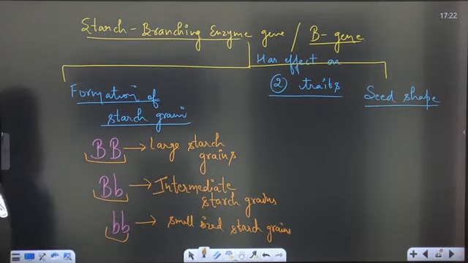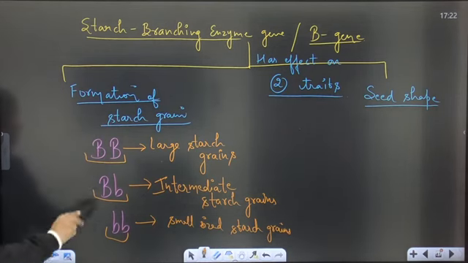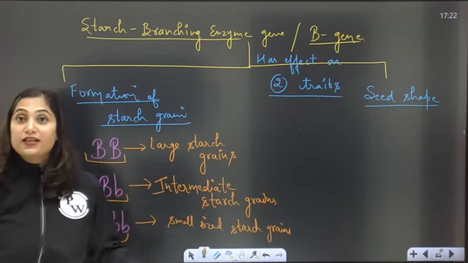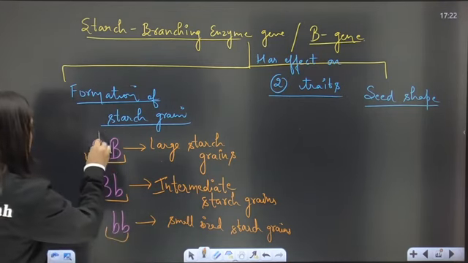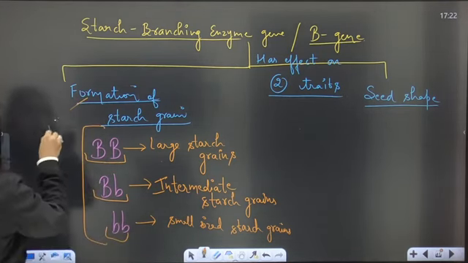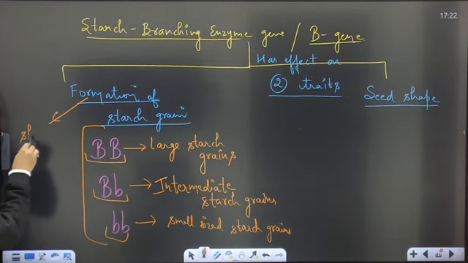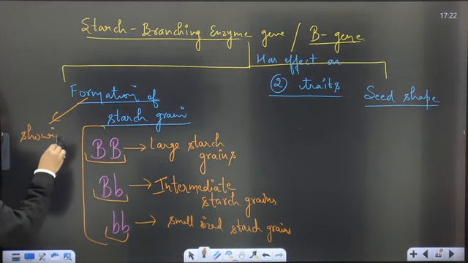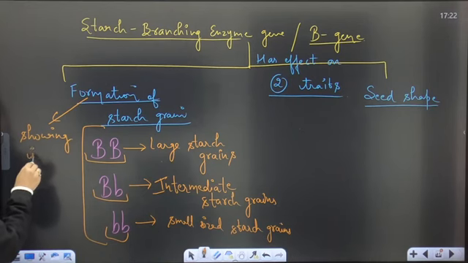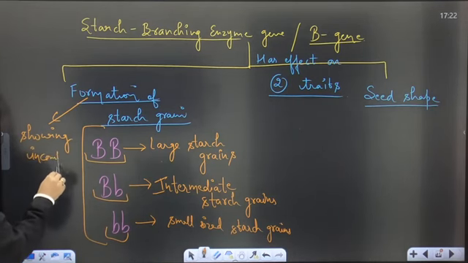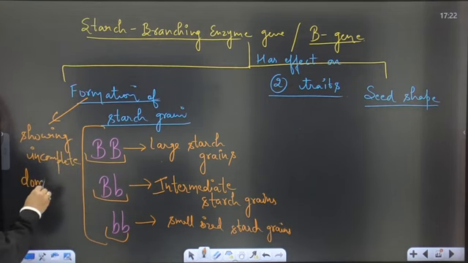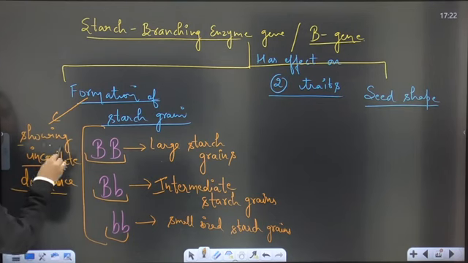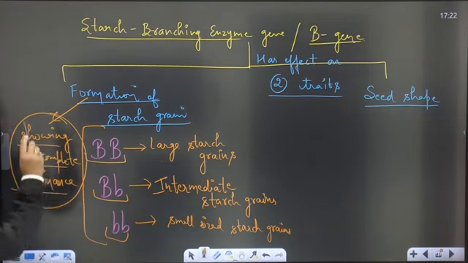What is important to understand here is that when this gene is controlling the formation of starch grains, this gene is showing incomplete dominance.